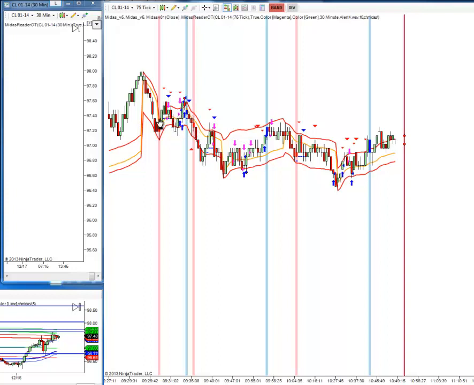Took some small losses in this area, nothing too big, and gave up a little bit trying to catch the next move in here. Then finally I went ahead and caught this short right in here and exited right in here. And I did one more follow-on, very small scalp right there, and that was sort of a perfect exit as well.